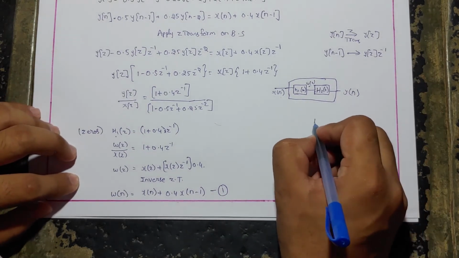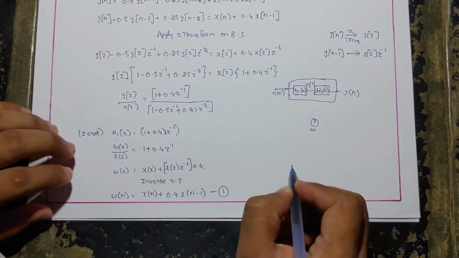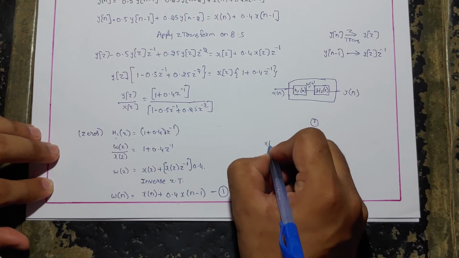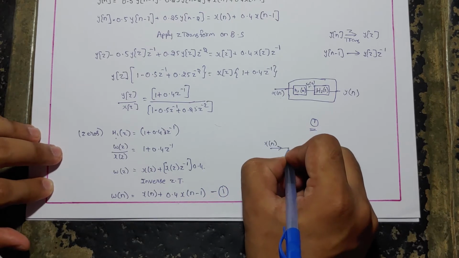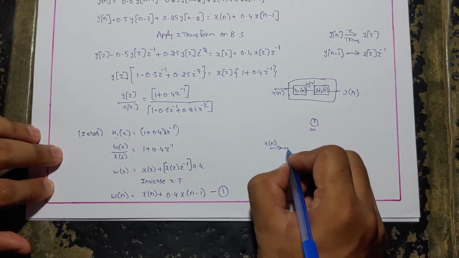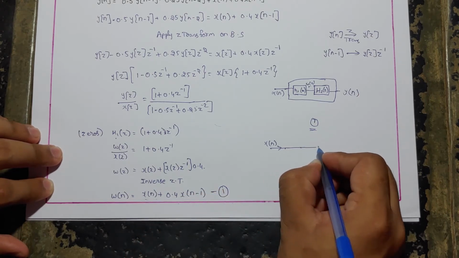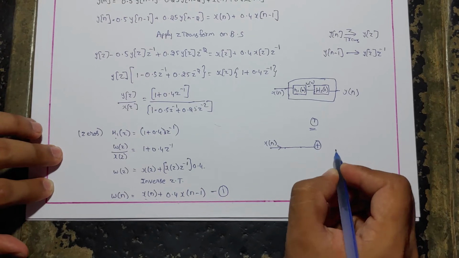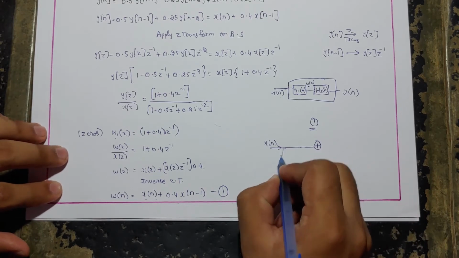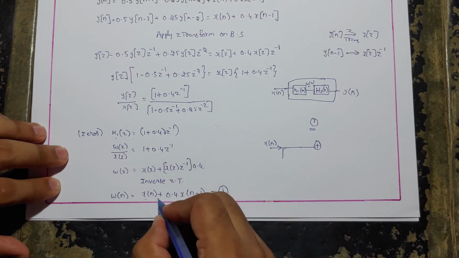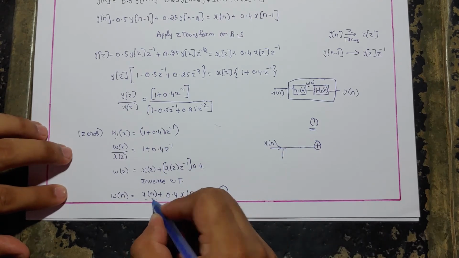Now let us represent equation 1 here. That is, x of n is an input for the system which is coming inside, and x of n will be continued as it is, and another part with a delay of 1 is going to be added to the resultant system.